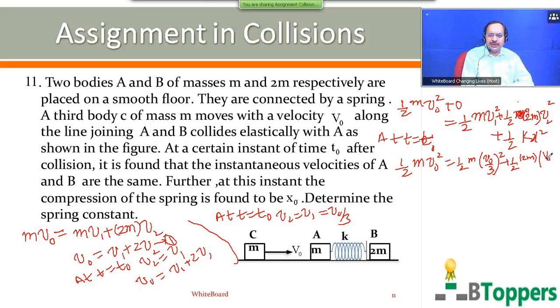V2 can also be written as V0 by 3, and we can write K, x equal to x0. You have to find the value of K.